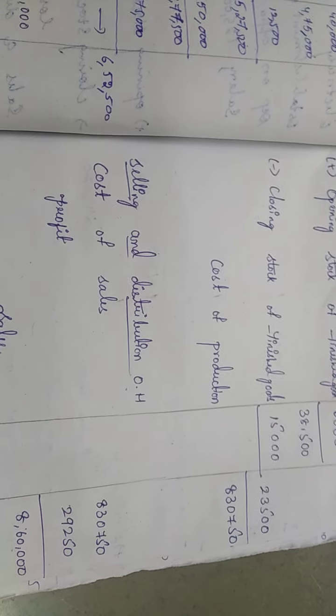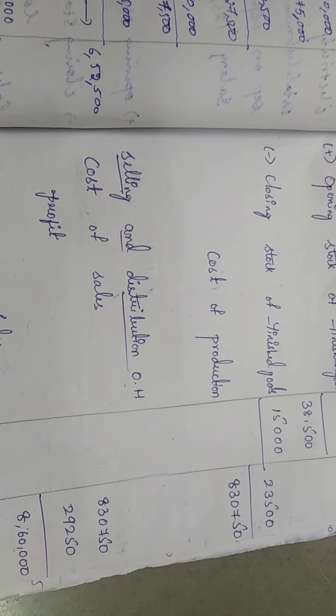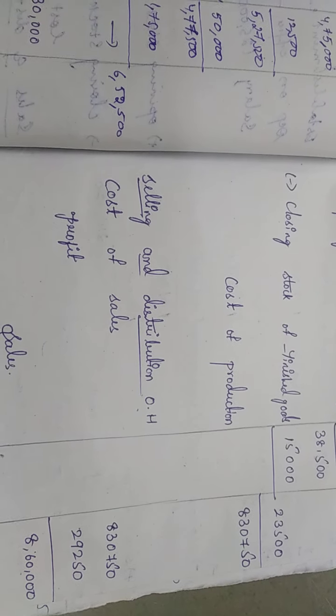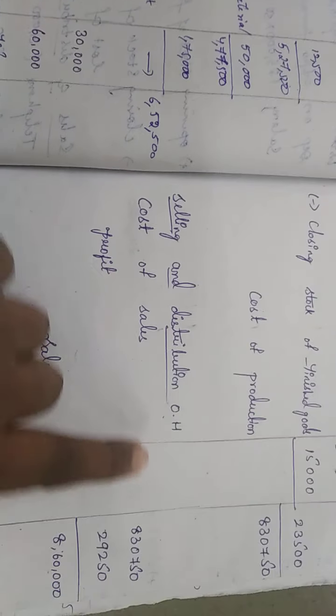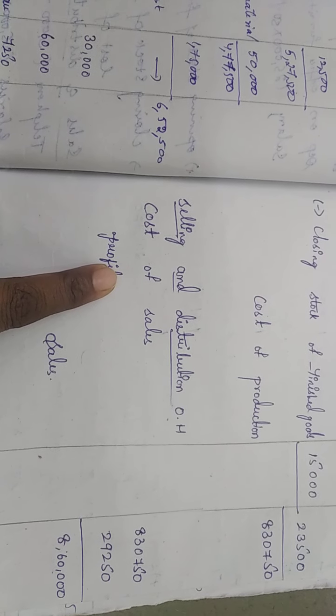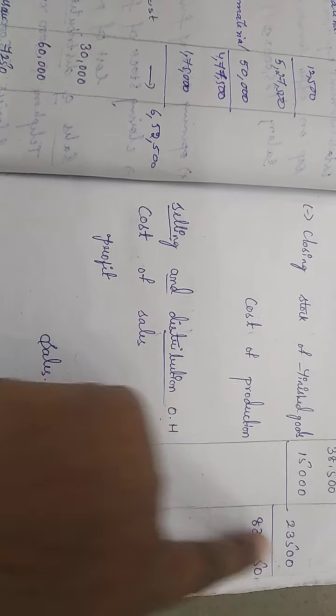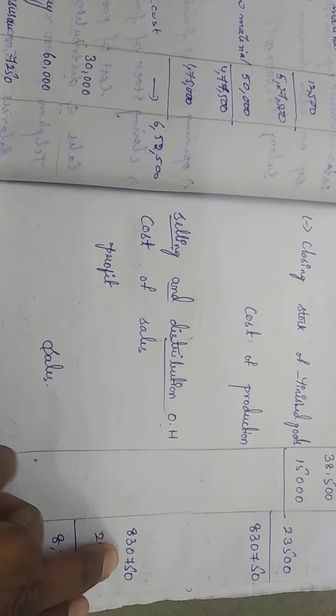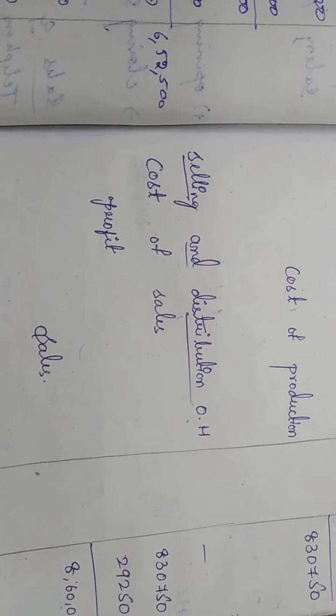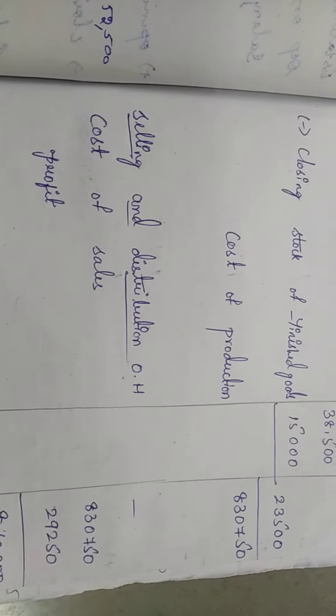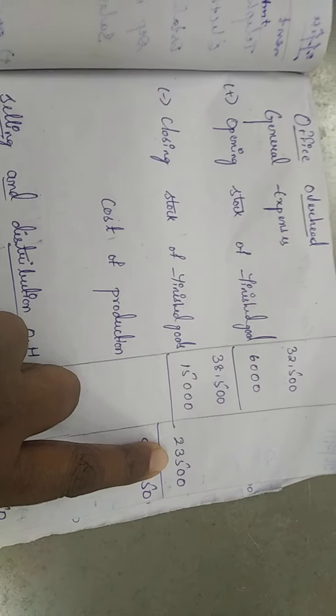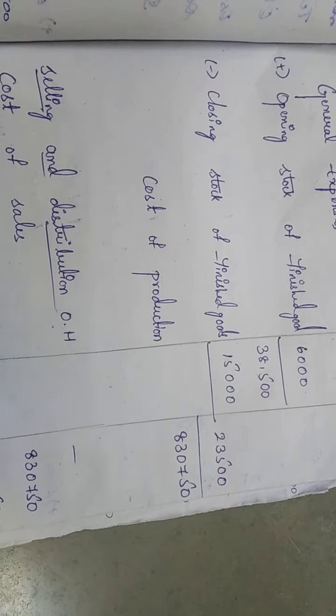Cost of sales. Cost of sales is how much? 8,30,750. Why? Because selling and distribution is not given here. See here, the work cost and this office overhead expenses of 23,500 should be added.